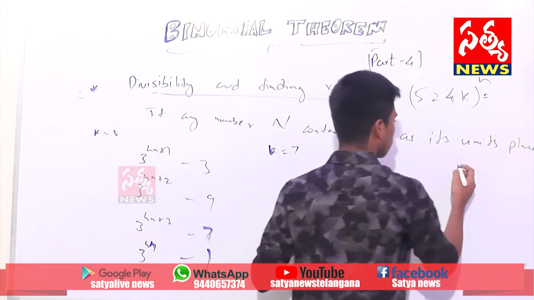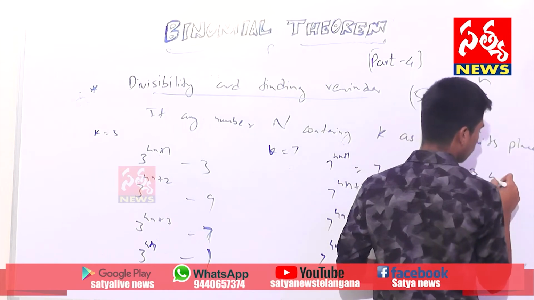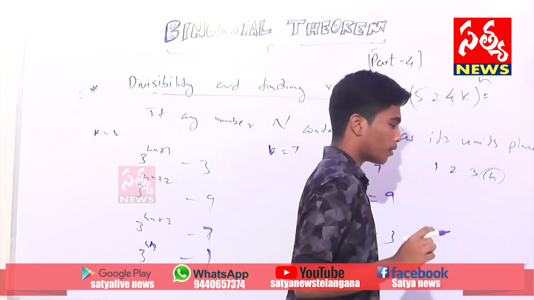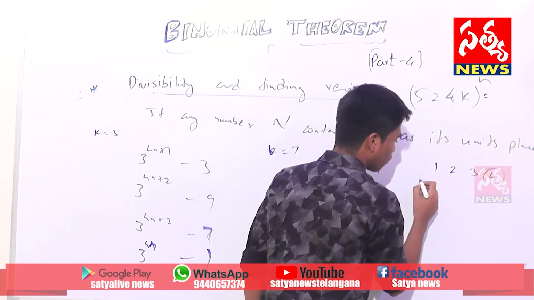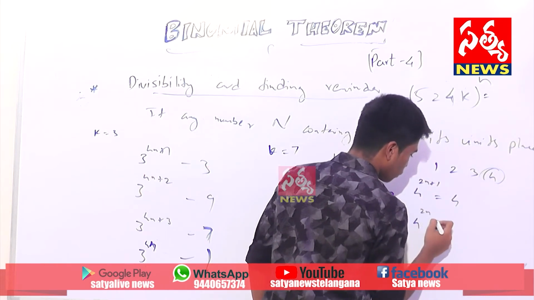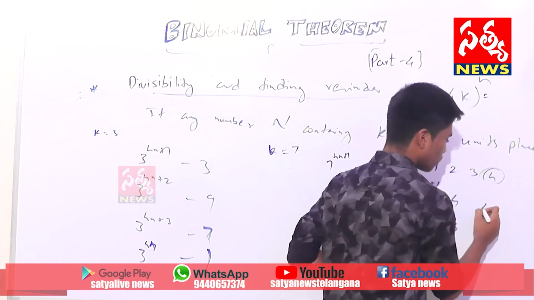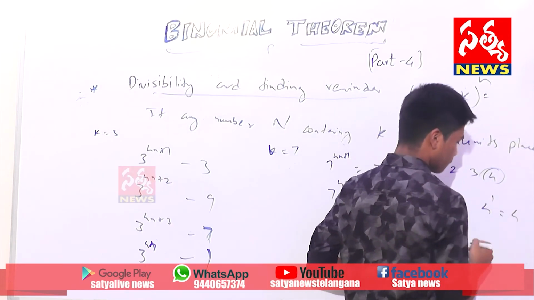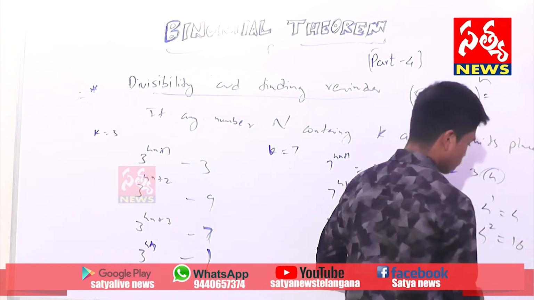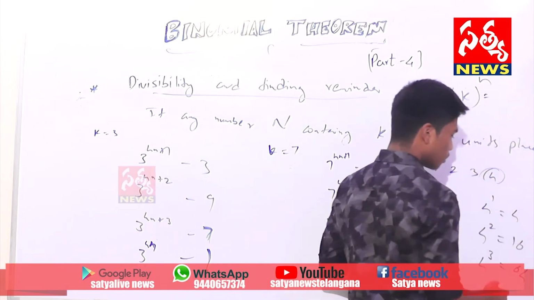Now we are done with 1, 2, 3, but 4 is not done, right? 4 has a unique property. 4 power 2n plus 1 ends in 4, and 4 power 2n ends in 6. You can check it. 4 power 1 is 4, 4 power 2 is 16, 4 cube is 64.